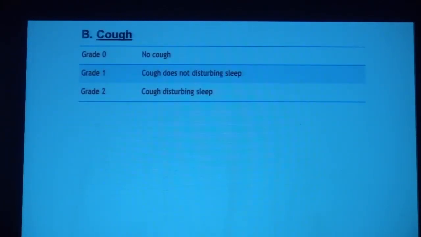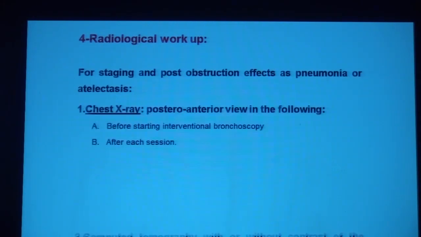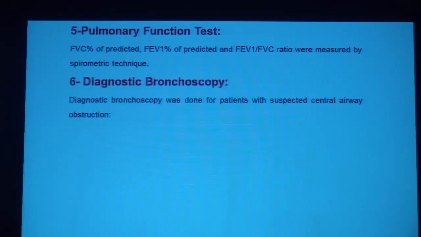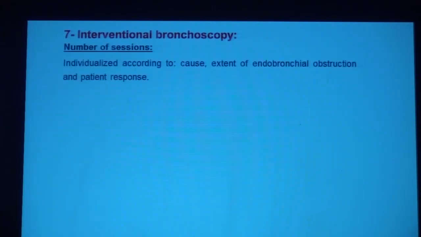All patients were evaluated clinically with symptoms and signs such as cough, hemoptysis, collapse, quality of life, and radiological evaluation with CT and X-ray, and pulmonary function. Diagnostic bronchoscopy was done firstly to diagnose what's in, and later on interventional bronchoscopy was done to destruct and extract the tumor inside the airways.